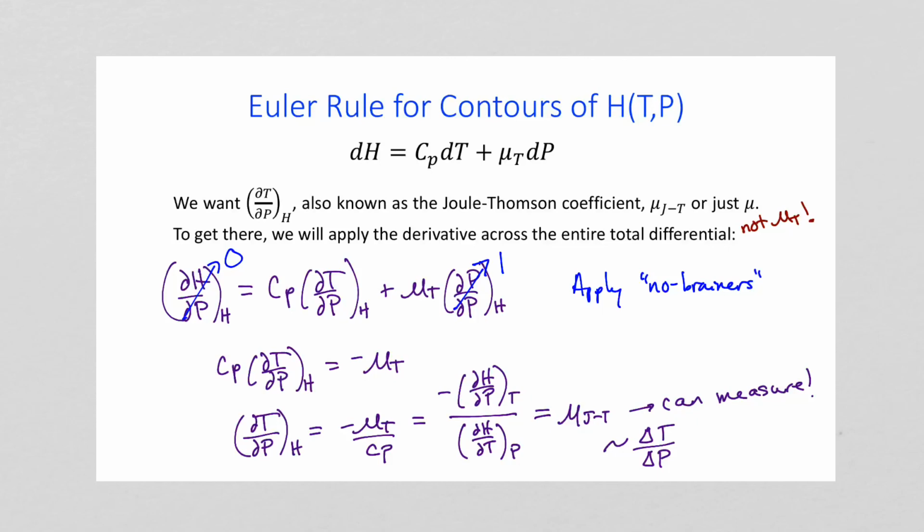Depending on your gas and the temperature you start your expansion at, some gases will cool upon expansion and some will heat up upon expansion. This is actually how we get gases liquefied: we do Joule-Thomson expansions, and that cooling gas allows us to liquefy gases.